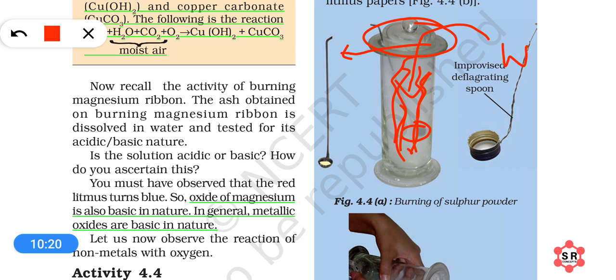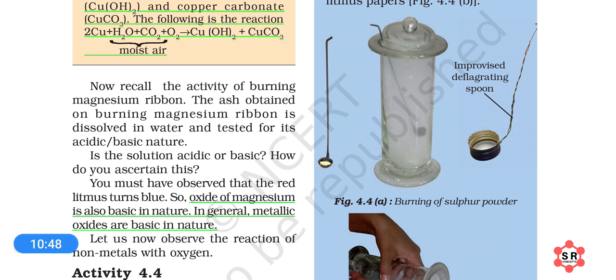Then we will shake it well so that the fumes get mixed with the water present in this glass bottle, and a solution will be prepared.